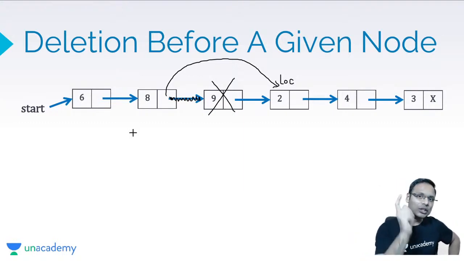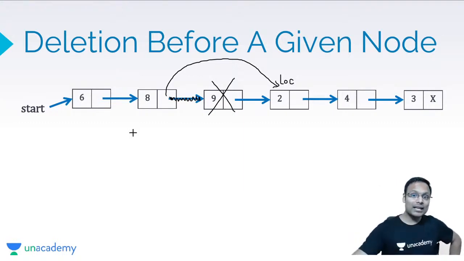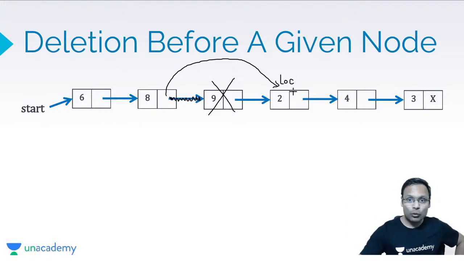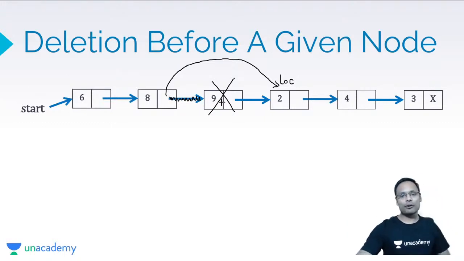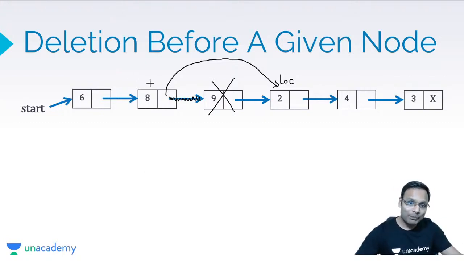No. Can I get it directly from LOC? No. I'll have to traverse from the start, and stop my pointer P when P reaches the second predecessor of LOC, the previous to the previous of LOC.